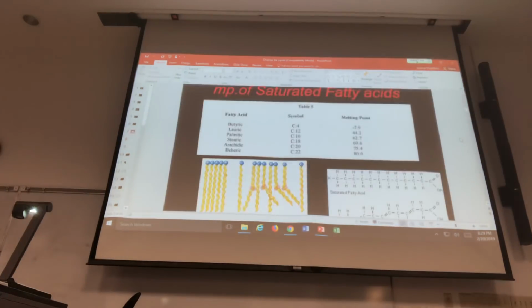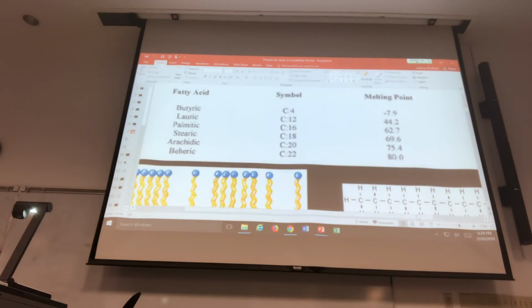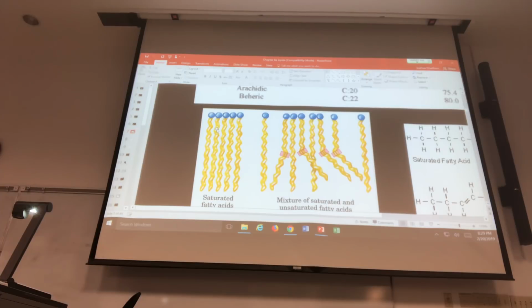When we are looking at saturated fatty acids, look at this structure on the left here. Saturated fatty acids can be packed very close together because these nice long linear chains of carbons and hydrogens can fit very close together because they are nice straight lines. There's a lot of intermolecular attractive forces, London dispersion forces, keeping these things together. So that strong intermolecular attraction makes it so that saturated fatty acids have a higher relative melting point.